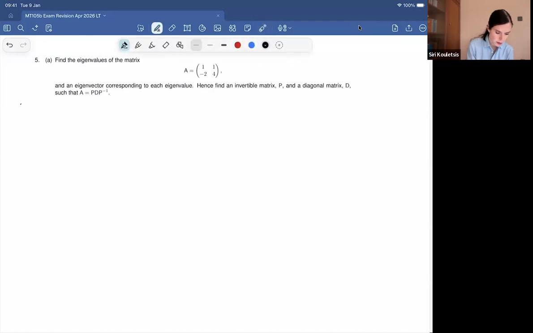And as you know, we start by finding the eigenvalues. And to do that, we find the determinant of the matrix A minus lambda times the 2 by 2 identity matrix equals 0.